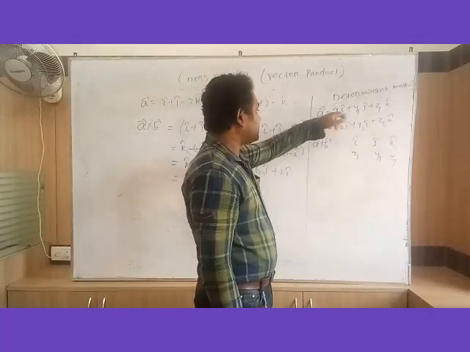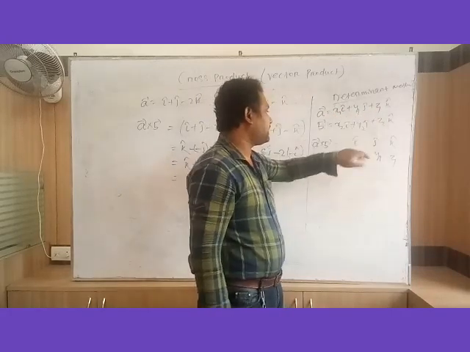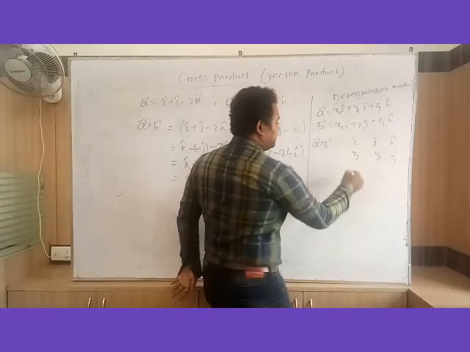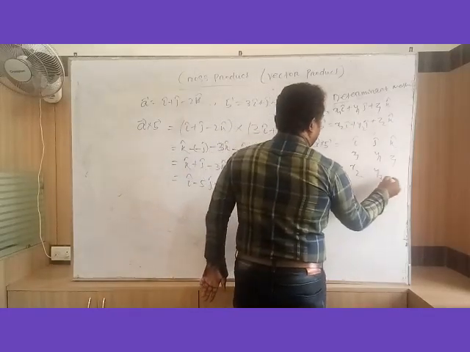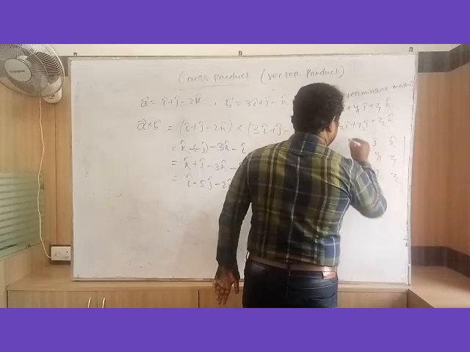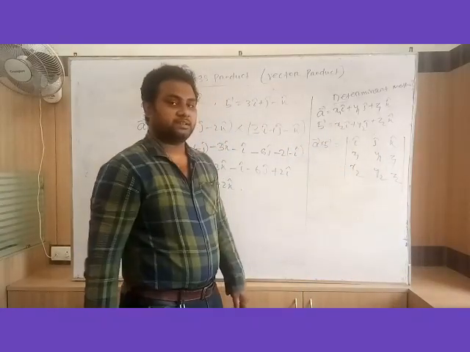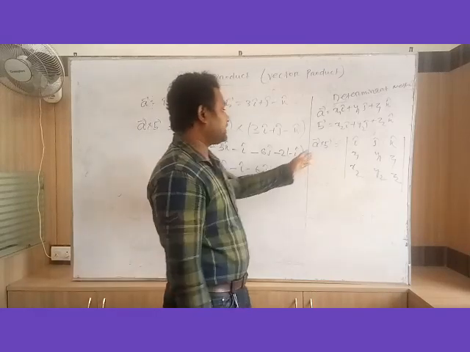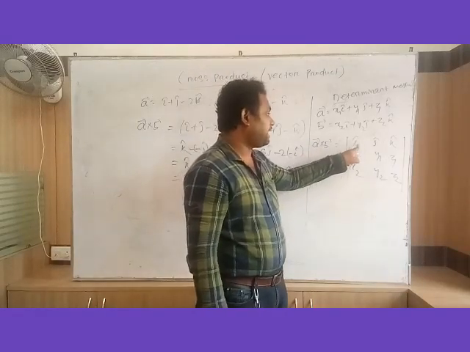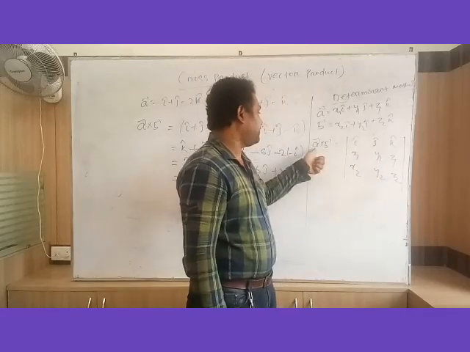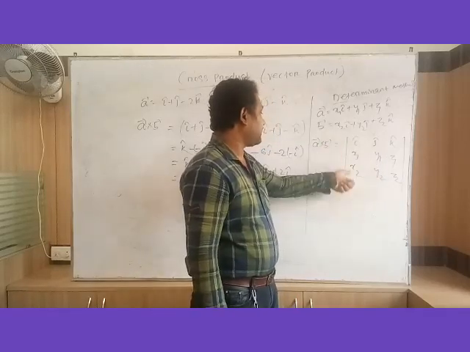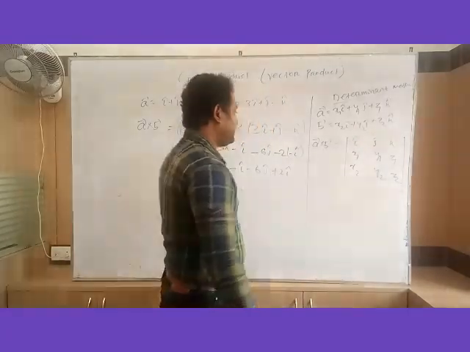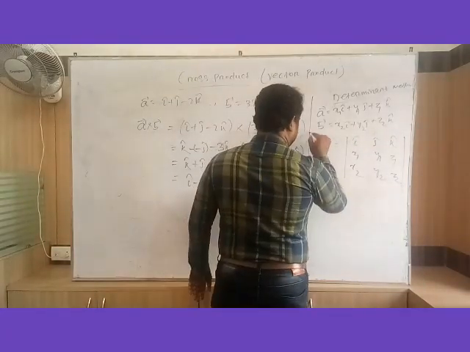Then the second vector, B vector: x2, y2, z2. This is very easy for finding the cross product of two vectors. You just write A cross B: in the first row i, j, k, in the second row the value of A vector, in the third row the value of B vector, that means the coefficients of i, j, k. Okay, so this is the formula.